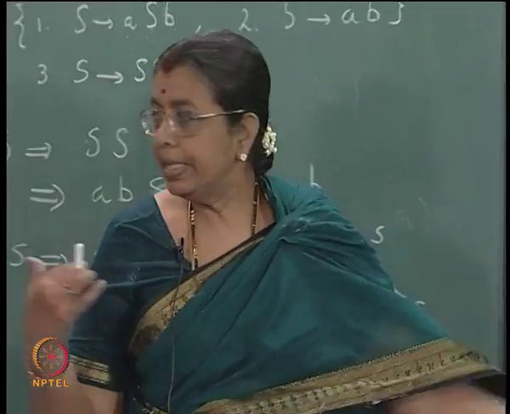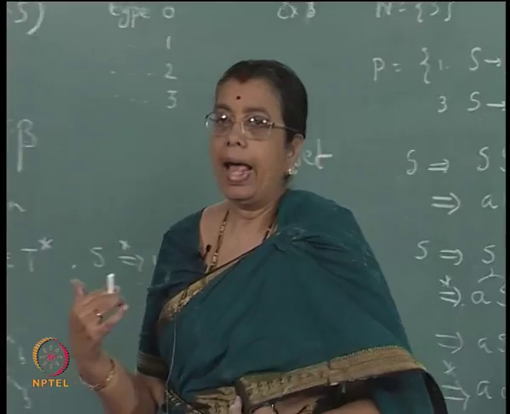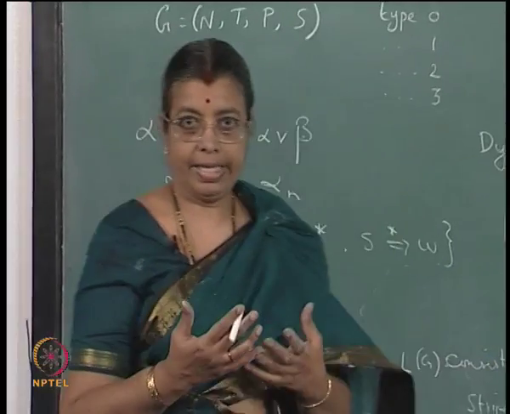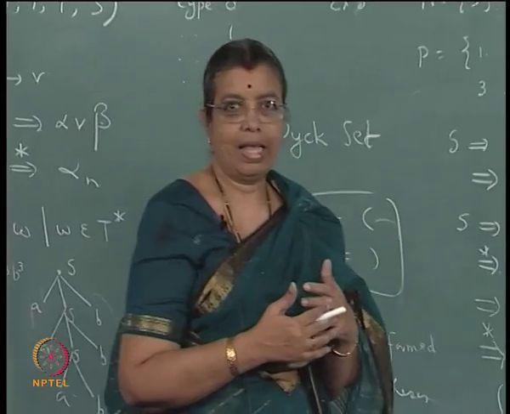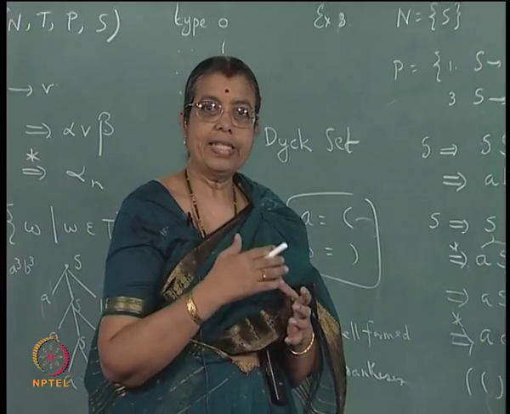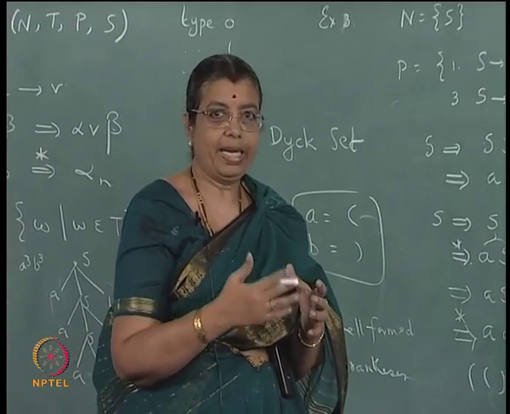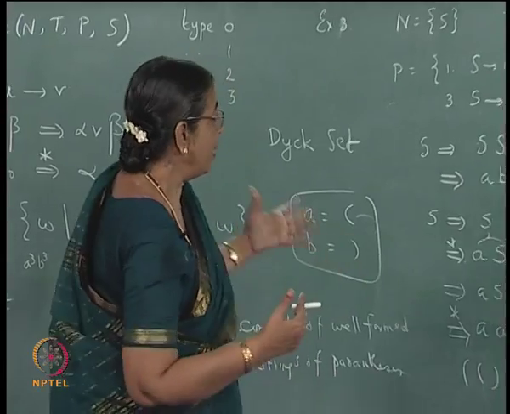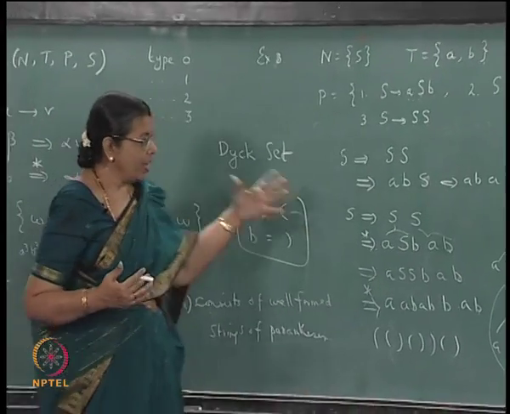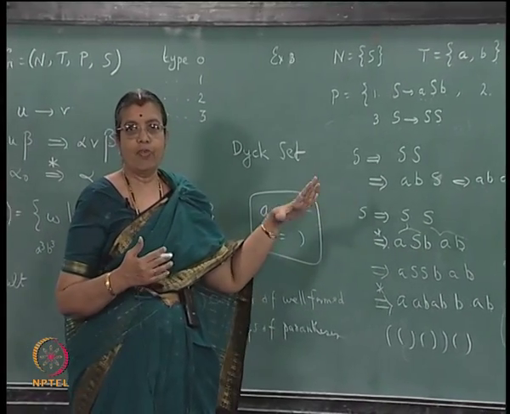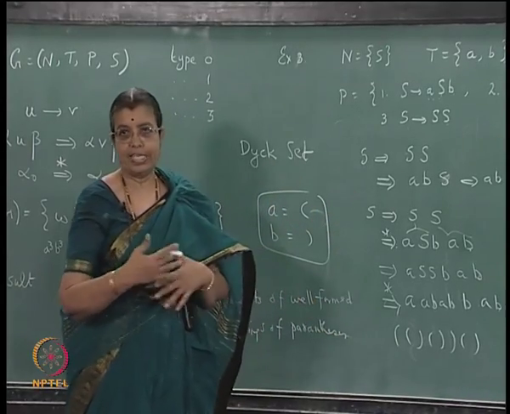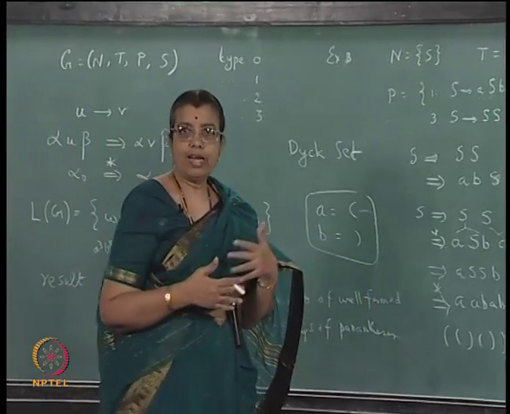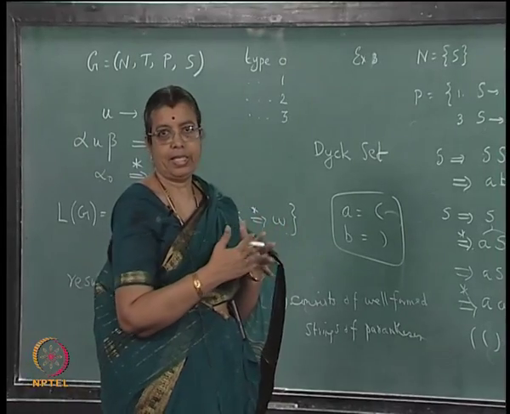Whereas, in this grammar, as the length of the string increases and also as the nesting increases, the number of S's in any sentential form will keep on increasing. For example, there may be a string which you cannot derive with 4 non-terminals, you may require 5, the level of nesting is 5, you may require 5 S's at one stage.